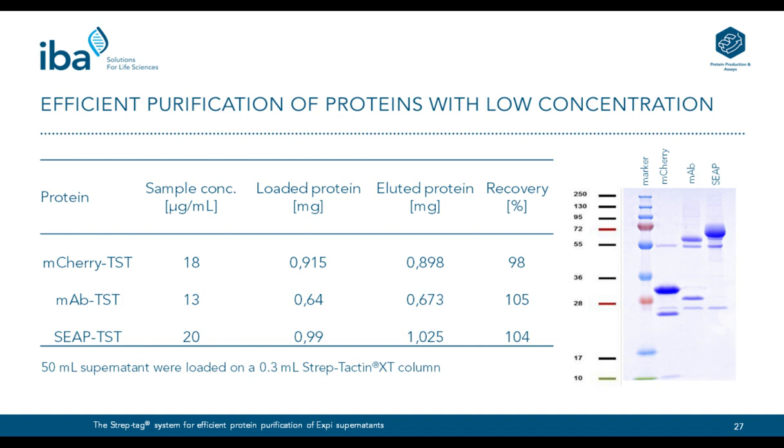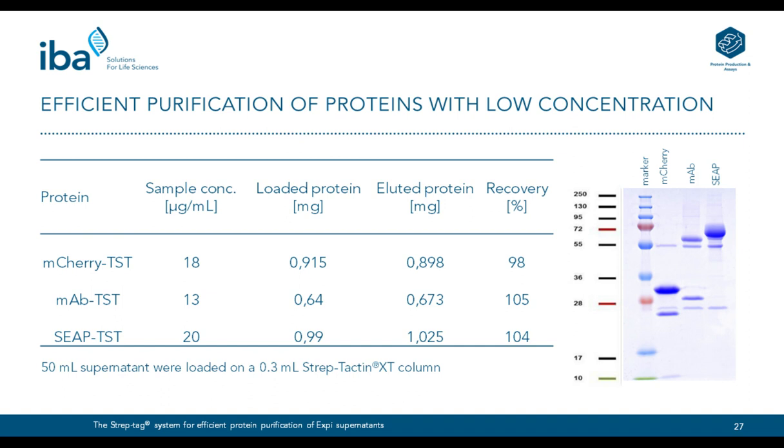And then we loaded 50 milliliters of Expi supernatant on only a 300 microliter bed volume Strep-Tactin XT column. And this is a large volume of supernatant compared to the reference volume.